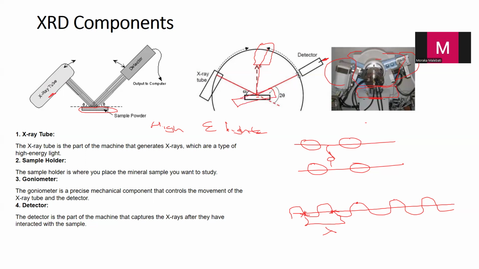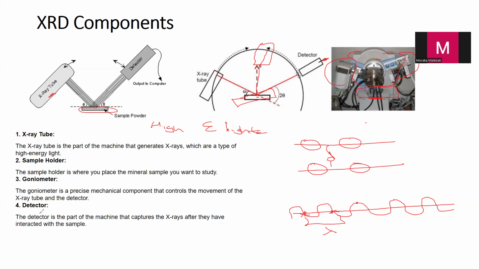So this movement of the detector changes the angle 2 theta, and then it allows the sample to be analyzed at different angles, or multiple angles.